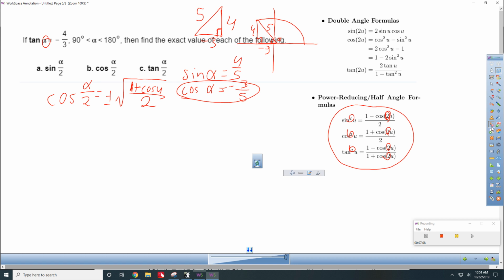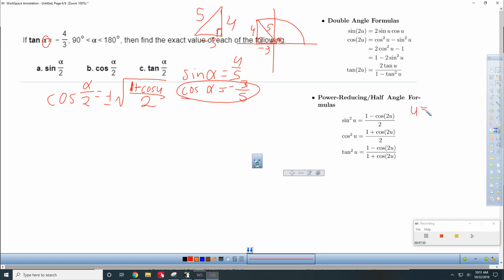This looks great, what she's doing, but I wanted to re-explain what's happening here. Let u be the same thing as x over 2. Then if we multiplied both sides by 2, 2u would be x.